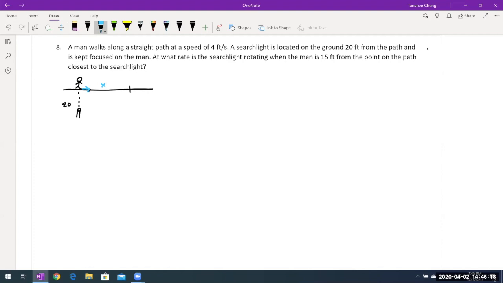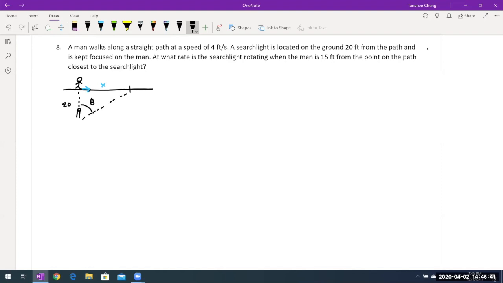Since the searchlight is focused on this man, as the man moves, the searchlight will also rotate. So when he is at 15 feet, we are talking about the angle of rotation, how fast this angle is rotating.